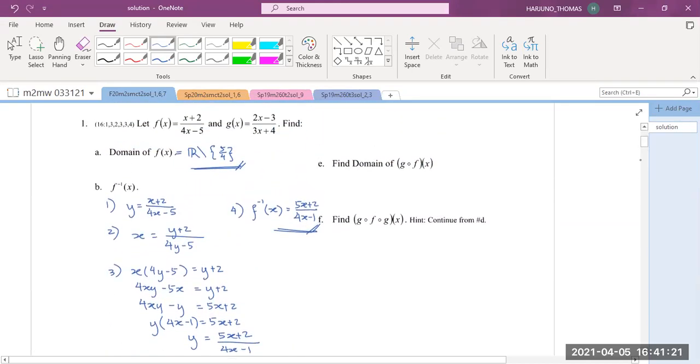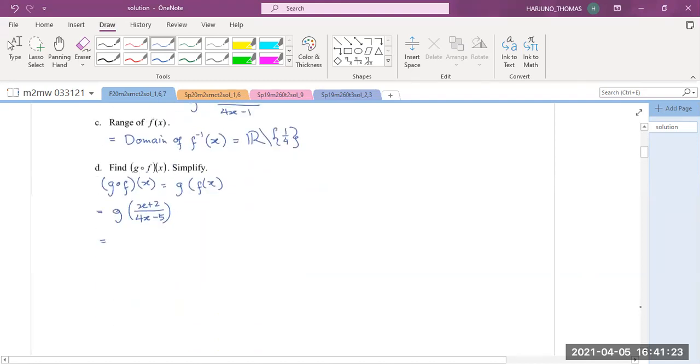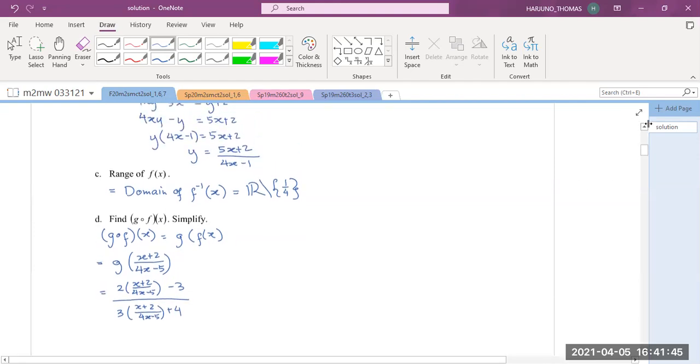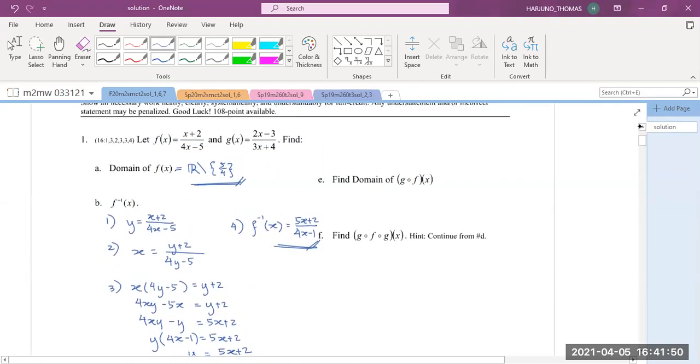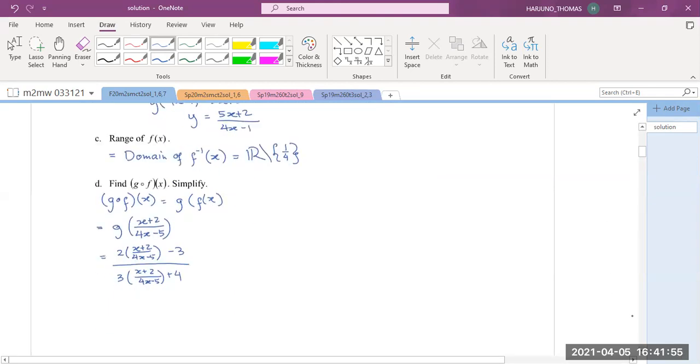That's (2x minus 3) over (3x plus 4). Let me check again. Yeah, that's what it looks like now.